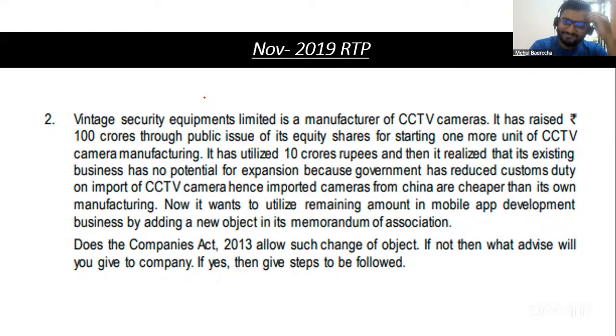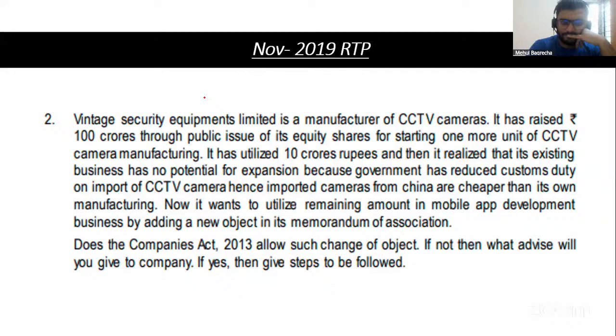Hence, imported cameras from China are cheaper than its own manufacturing. Now, it wants to utilize the remaining amount in mobile app development business by adding a new object in its memorandum of association. Does the Companies Act 2013 allow such change of subject?